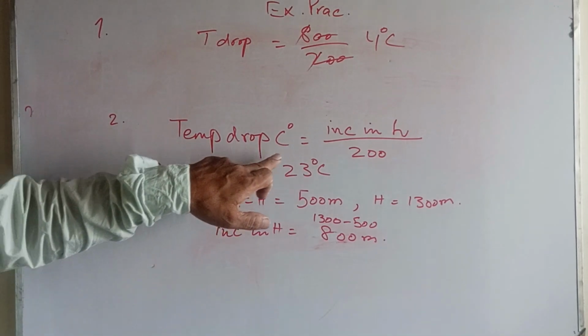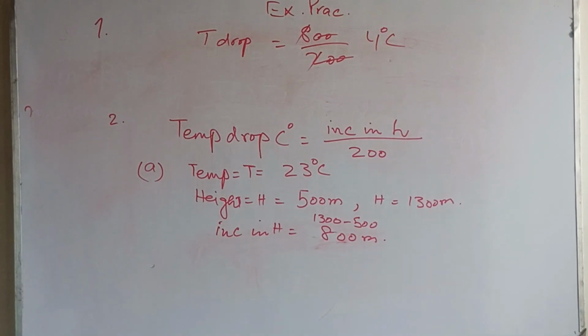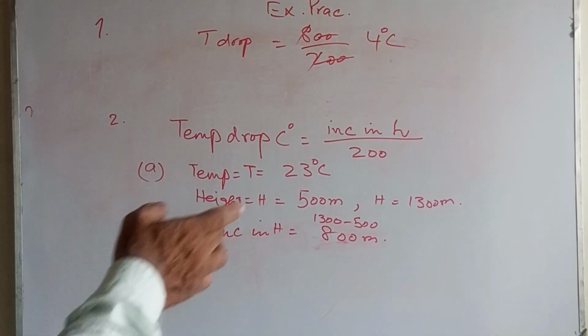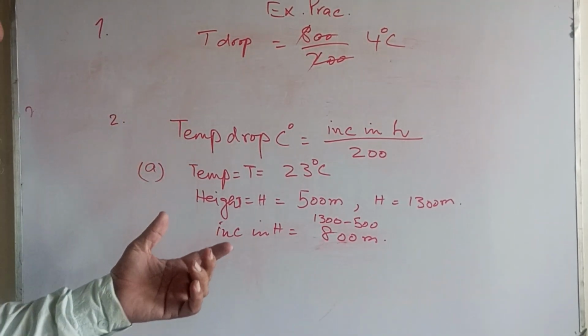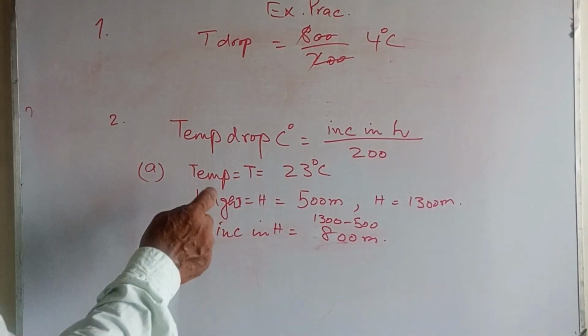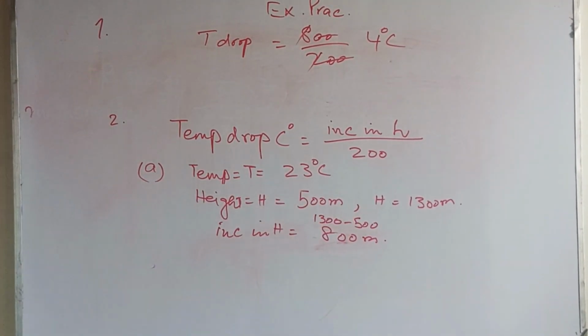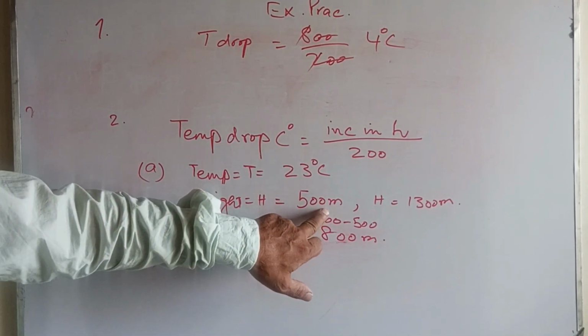Now this 4 degrees centigrade is the drop in temperature. Now this 4 degrees is not your answer, because we have an initial temperature which was 23 degrees centigrade. This temperature was at the start of the journey where we were at 500 meters.